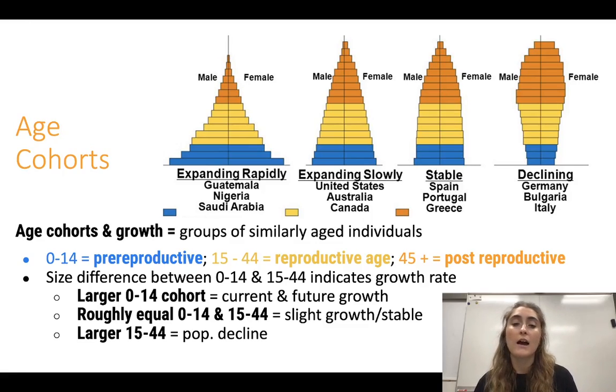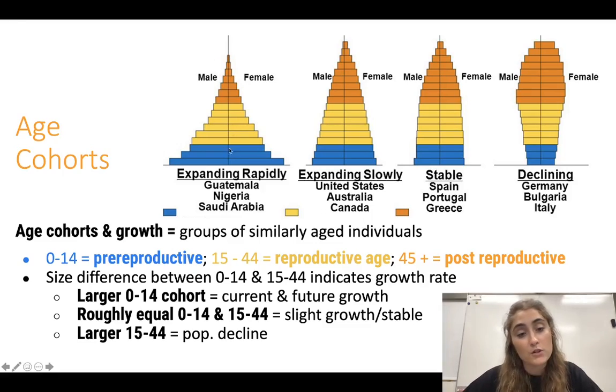So you could have other cohorts listed, but generally when we're looking at these age pyramids, we're looking at where the population size is going to be moving. So we're most concerned with reproduction status. Now, depending on how big each of these cohorts are can be very telling about what a population may look like over time.